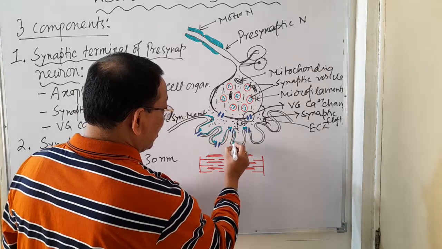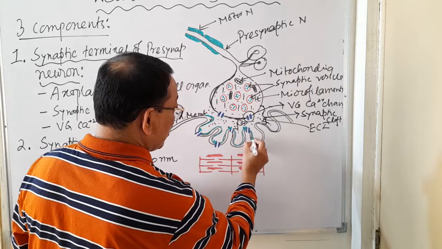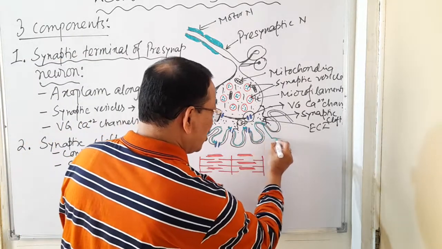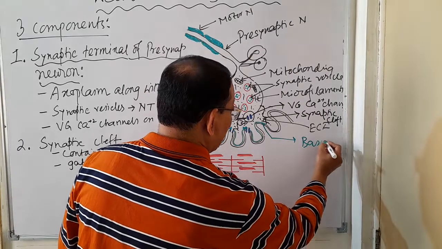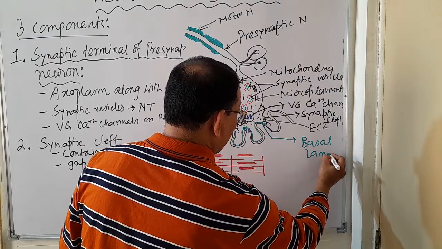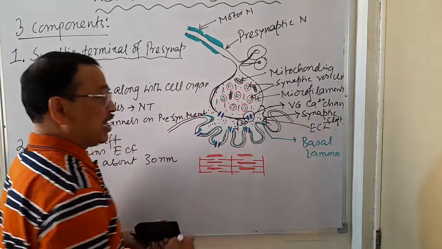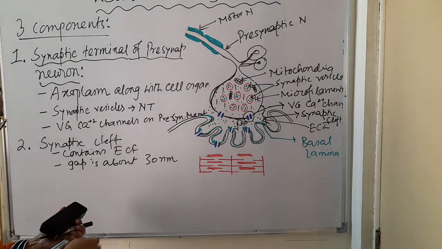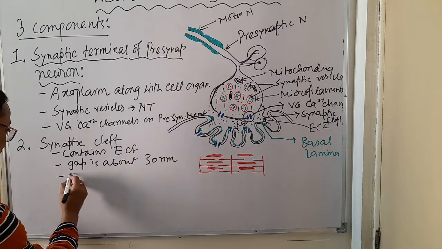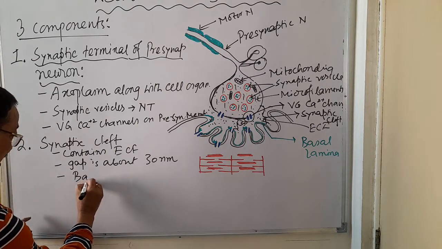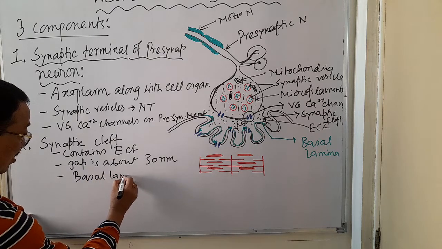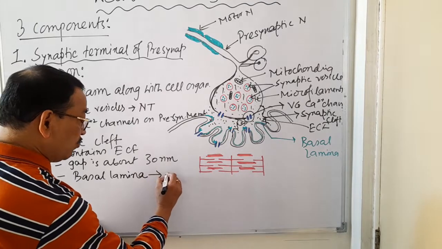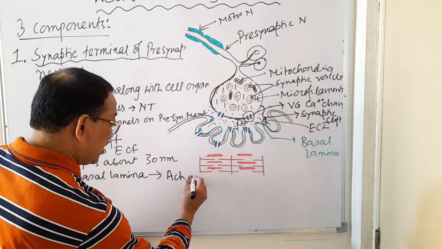So this synaptic cleft also contains a structure known as the basal lamina, and this basal lamina contains an enzyme known as acetylcholinesterase.